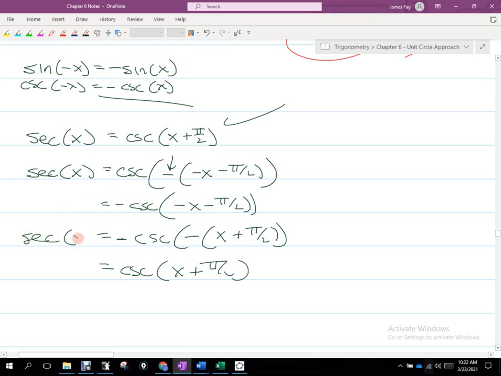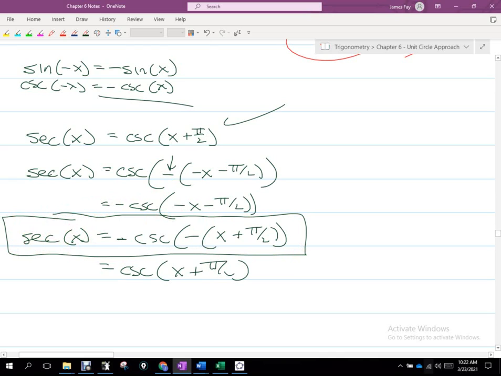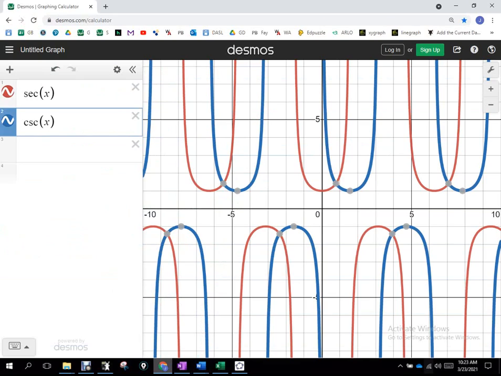Basically what happens is that if I shift the cosecant to become the secant, I don't necessarily right away get the connection that the arguments are complementary. Okay? But if we do it the other way, let's say we start with the secant.